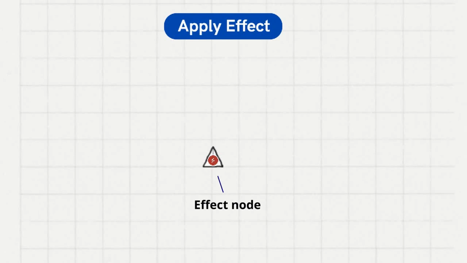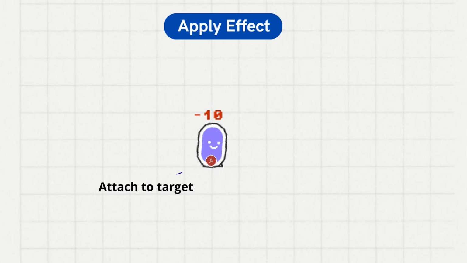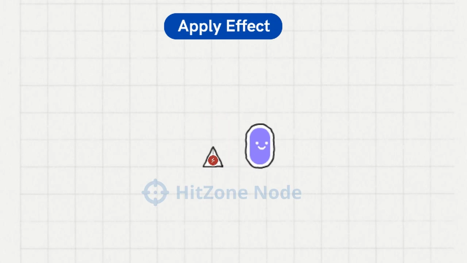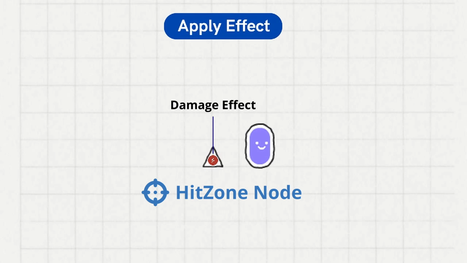But what if you don't need to create or inherit scripts over and over? What if you can just add another node to apply the damage effect? The HitZone node plugin does exactly that. Define your status or effect once, and the HitZone will automatically apply it to any character body tagged for collision within an Area 2D.